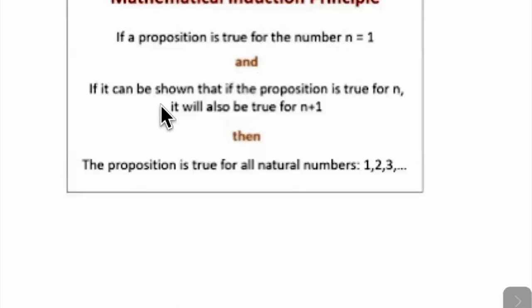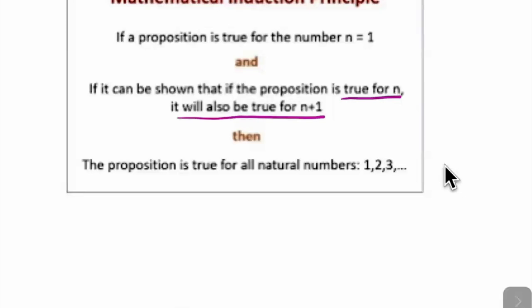And assume that if I can prove that if the statement is true for n, then it's true for n plus 1. So if it's true for n, then it will also be true for n plus 1. Then the whole thing will be true for all n equal to 1, 2, 3, 4.